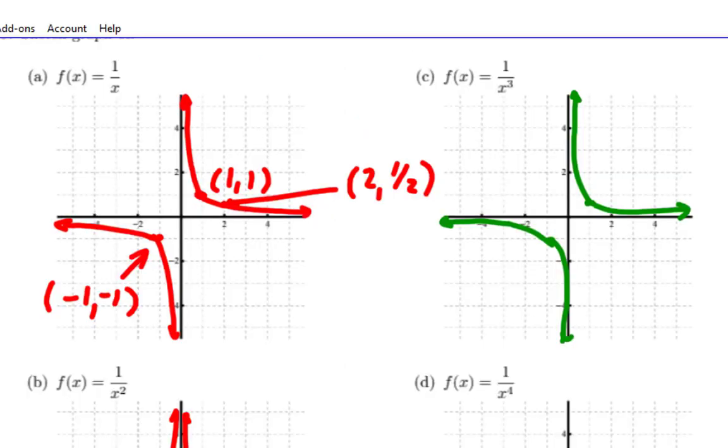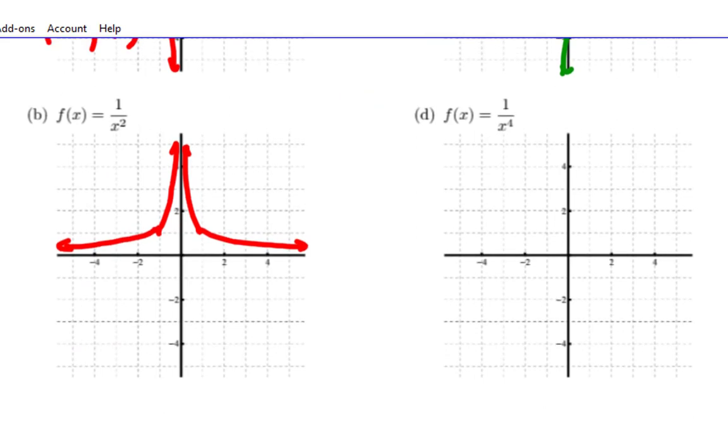Folks, how did A and C compare? They look similar. Are they the same? No. Okay. Specifically, that green function rises up more quickly as we approach the asymptote, and it dies off more quickly. It goes to 0 more quickly. Okay. But the general shape of those two functions is the same, and that's what I want you to notice going forward.